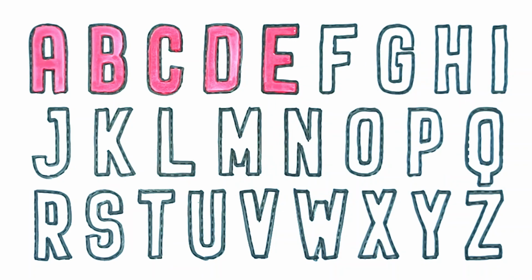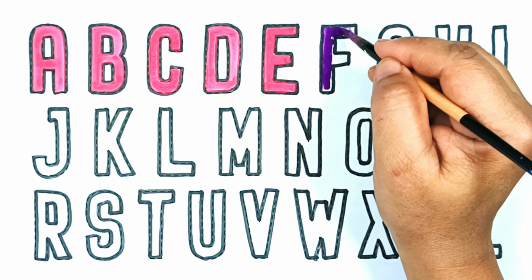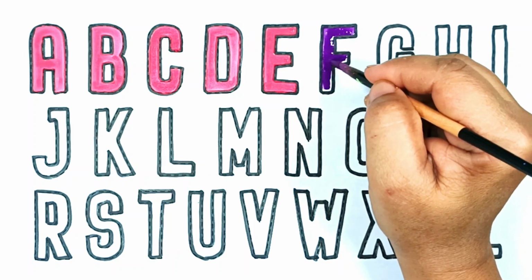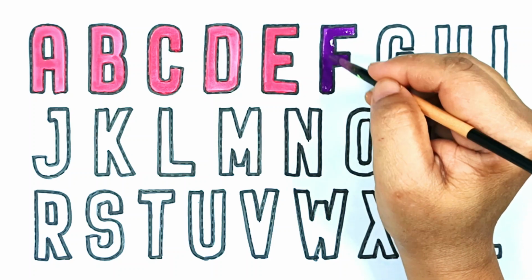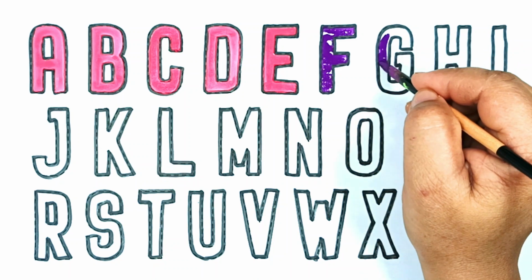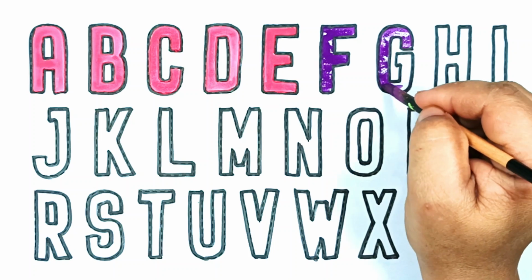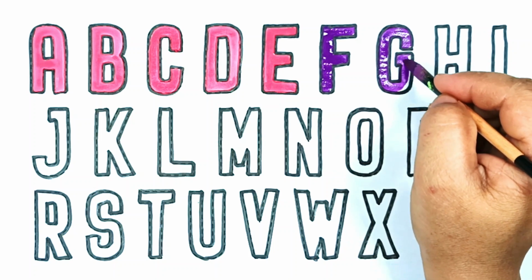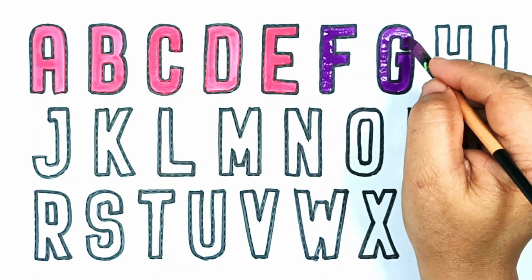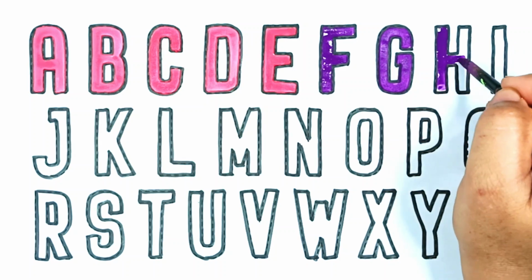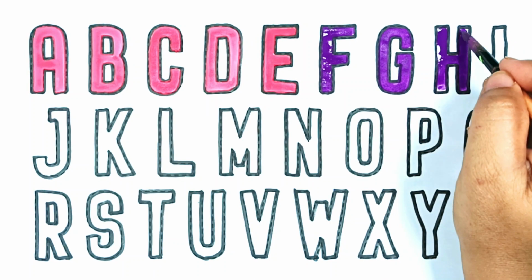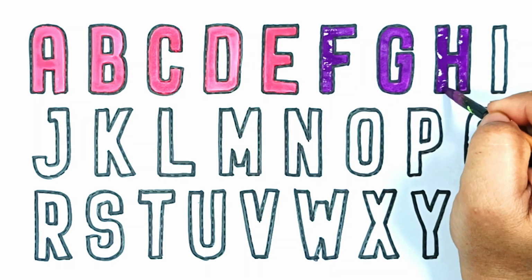E for egg. London Bridge is falling down, falling down. F for frog. My fair lady. Build it up with sticks and stones, my fair lady. G for glass. H for hat.